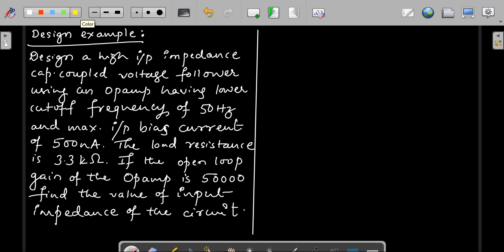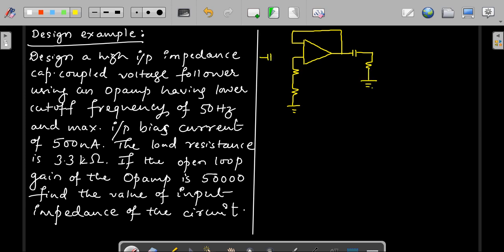This is very, very important while making the design using the operational amplifiers. So you have the high input impedance voltage follower circuit, something like this. You will have to draw it, the output capacitor here and the load resistance here.